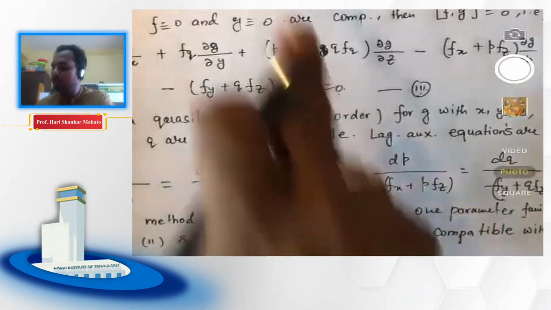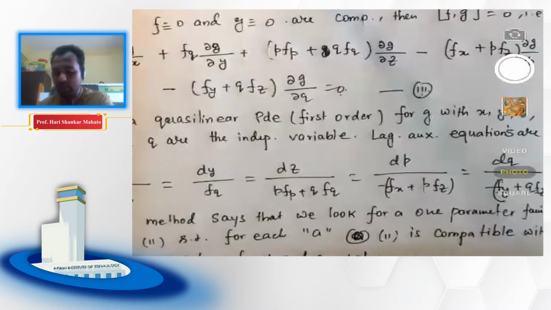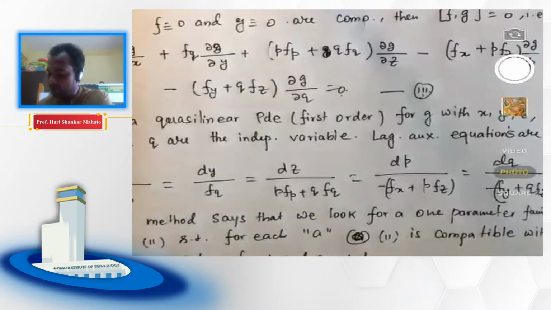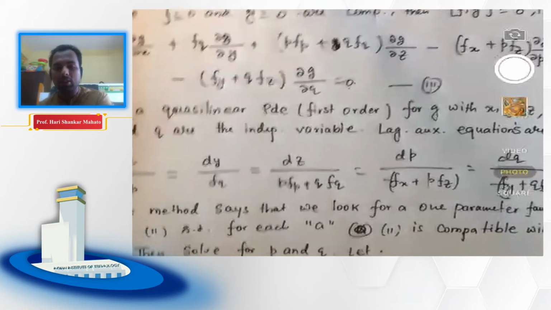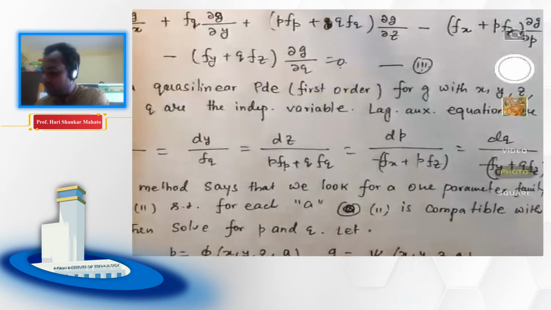A will always be there because our g involves a. Therefore we can write dz equals p dx plus q dy. Remember, our p is del z del x, q is del z del y. So this is phi dx plus psi dy.